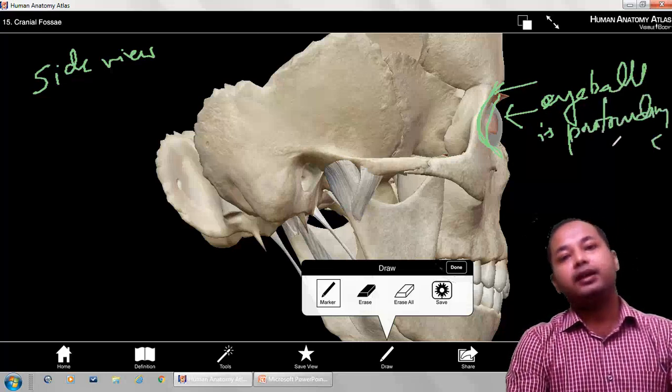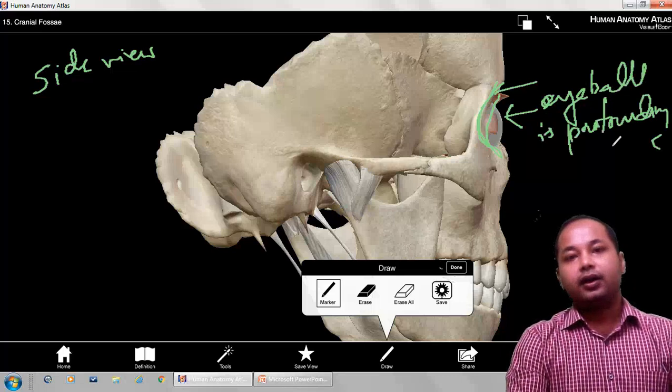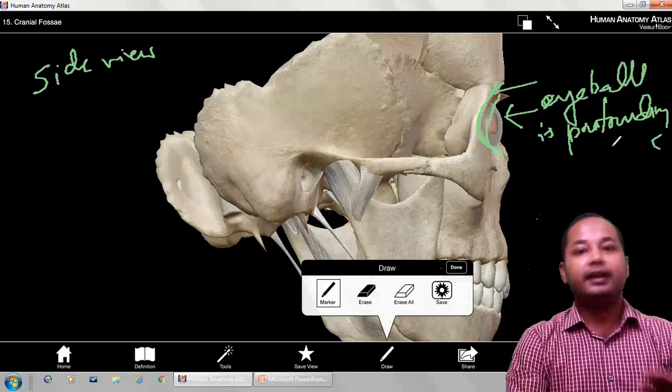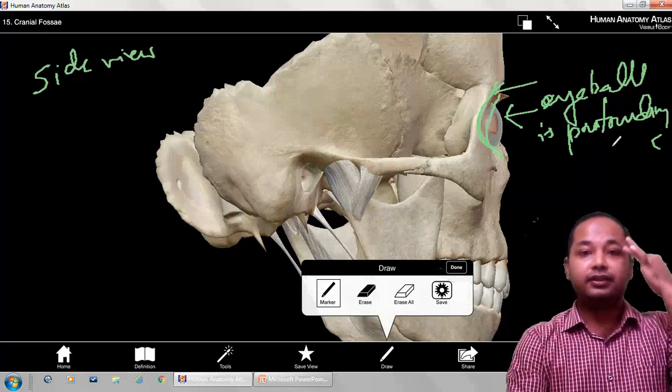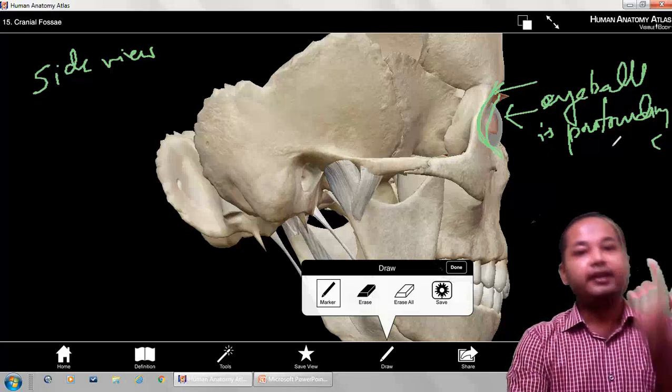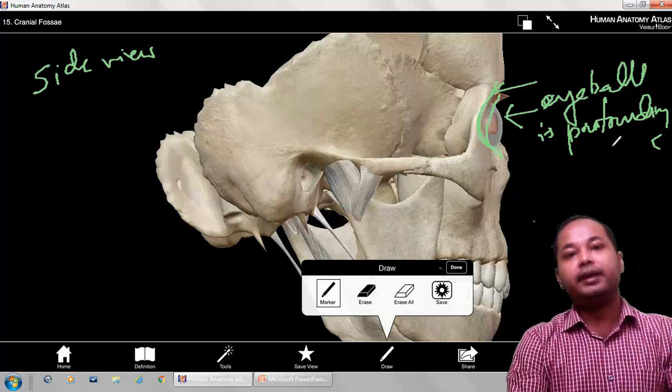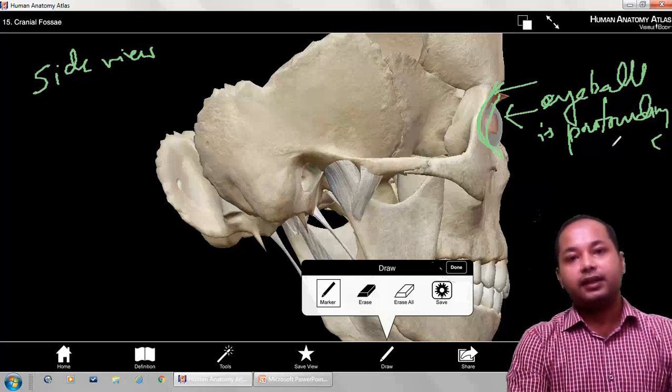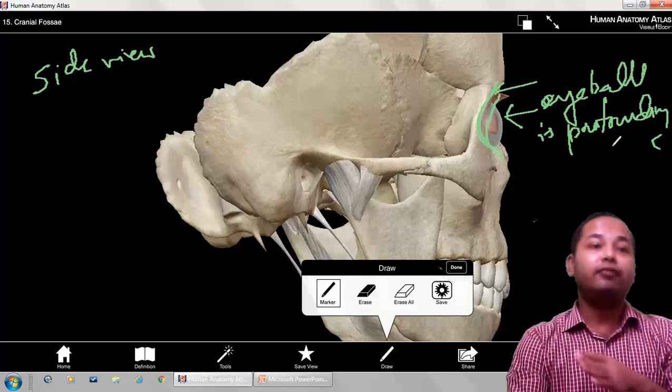So what I mean to say is that, of course, from above there is an elevated margin, and the nasal bone crest which is preventing the eyeball from directly coming in contact with a plane surface. But the eyeball has to have a very wide angle view.